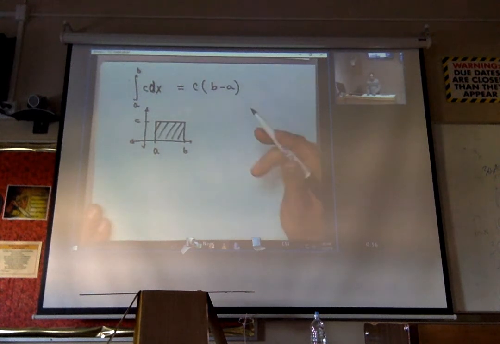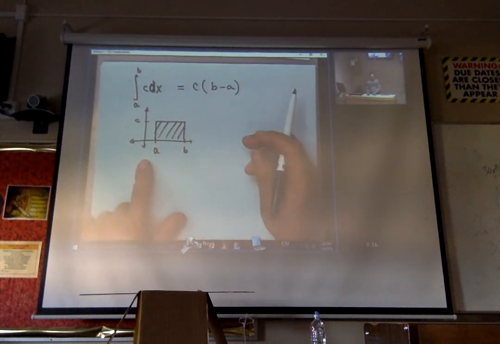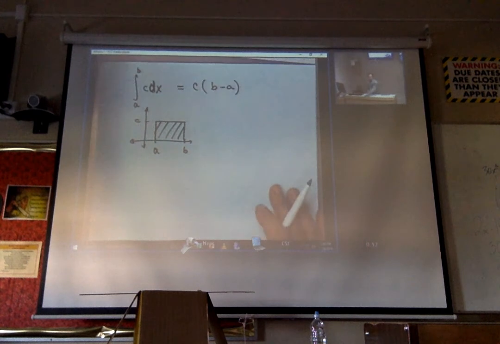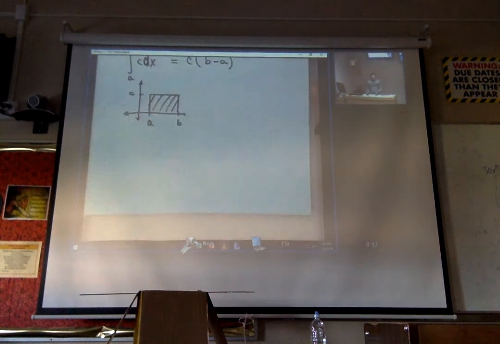Here's your base, which is B minus what? A, right? B minus A, the length of your base, and the height is what? c. The only difference is I just flipped it because it's more convenient to look at this: c times (B minus A). Do you understand? So sometimes when we have a constant, you can quickly use this kind of formula and get the area without anything special that we have to do.